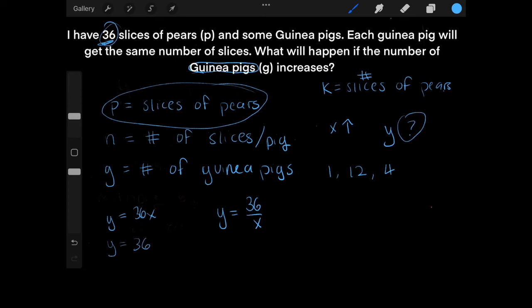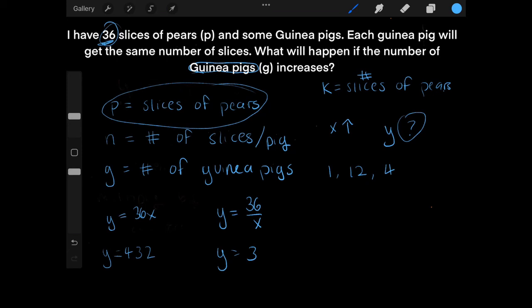So y equals 36 here, and y equals 36 here. So for direct and inverse, they're both the same. But now, if we have x is equal to 12, let's see what happens. For the inverse variation, we have y is equal to 3. And for direct variation, we have y is equal to 432.